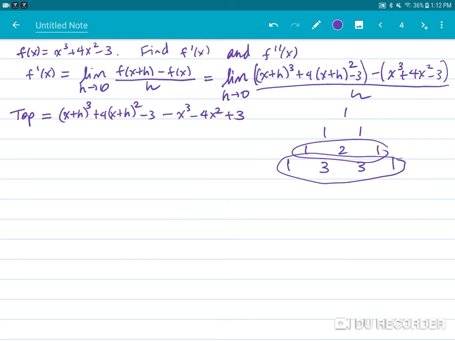If I had to the power of 4, I would have done 1, 4, 6, 4, 1. Add these two, add these two, add these two to get the next one.